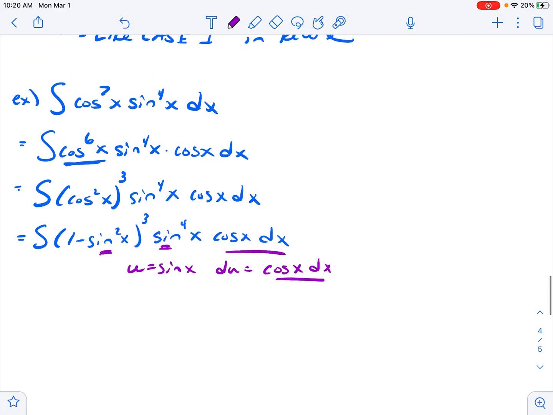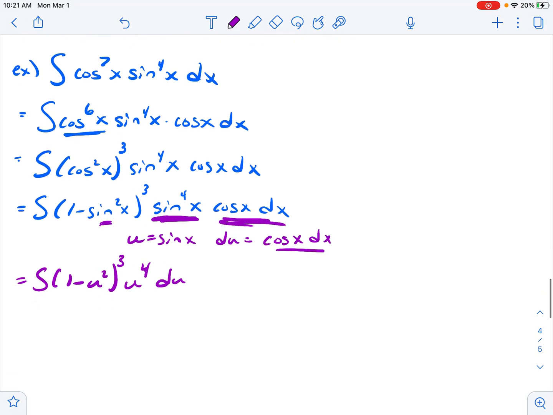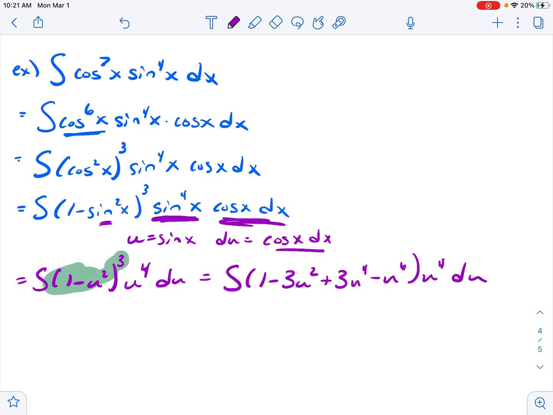So there's my u's, and we're going to get integral 1 minus u squared, quantity cubed, here we have u to the 4th, here we have du. So same idea. Here I've got to take a moment to cube this out. And in doing so, that becomes 1 minus 3u squared plus 3u to the 4th minus u to the 6th times the u to the 4th on the outside. Distribute your u to the 4th through.